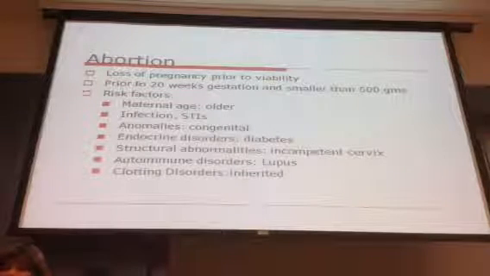Things like diabetes, particularly a mom who is diabetic prior to pregnancy, sometimes that will increase her risk quite significantly. Structural problems, like the one that's most common is probably incompetent cervix. It's a cervix that can't support a pregnancy.